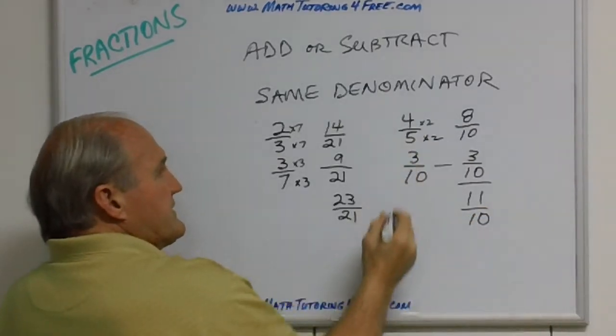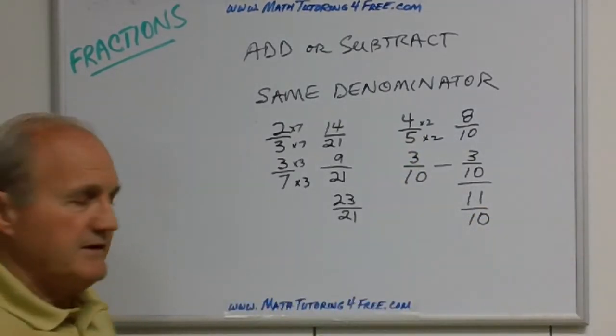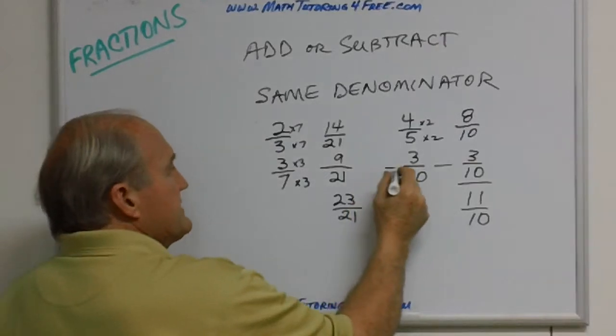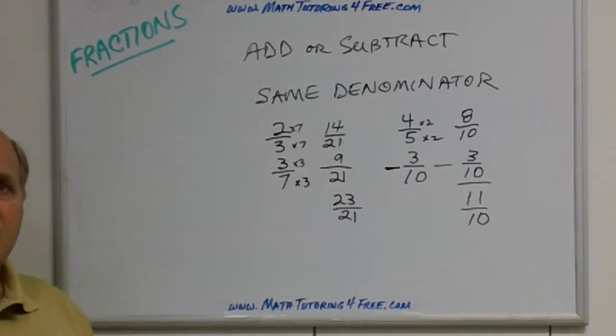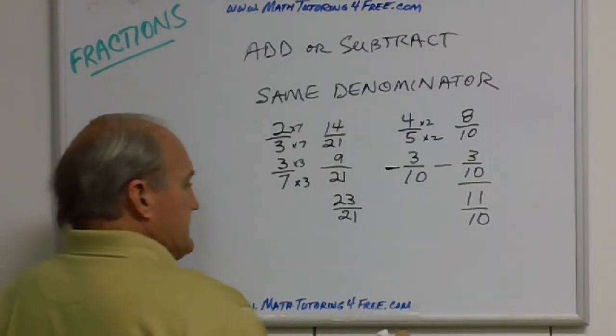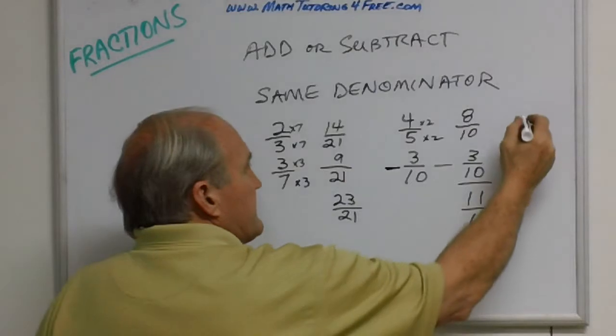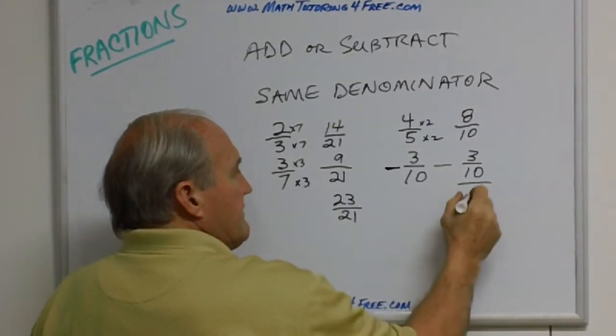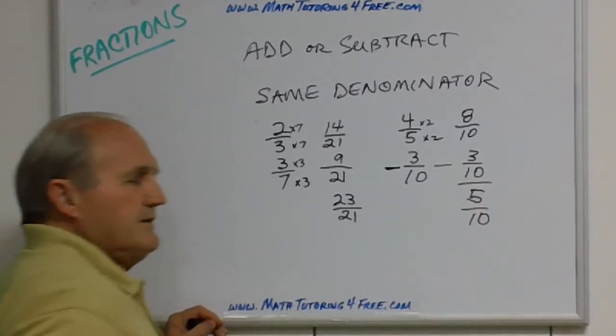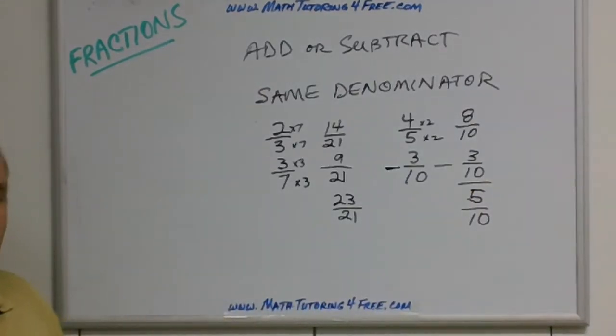Now, if it was asking us to subtract 3/10 from 4/5, then I subtract the numerators. 8 minus 3 gives 5/10. Is that in its lowest form?